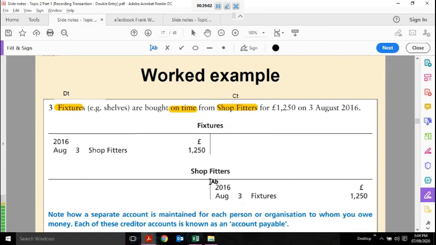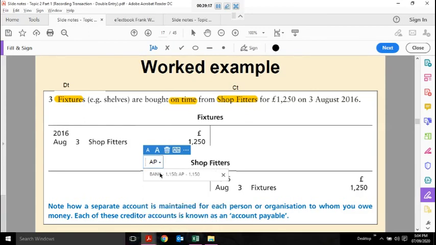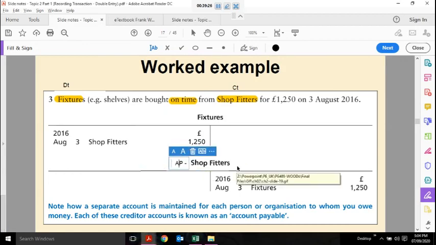And the same goes with the shop fitters, but to not confuse you, because you will see a lot of company names, here you should write AP, account payable, then put a dash. I prefer to prepare in such a way so that we are able to differentiate between account payable and account receivable.